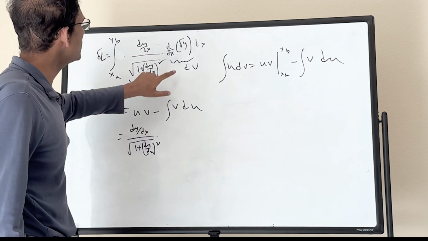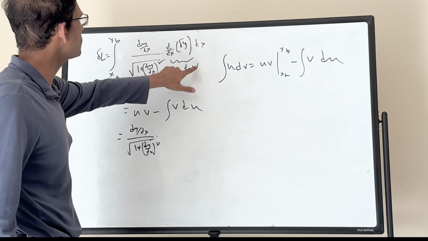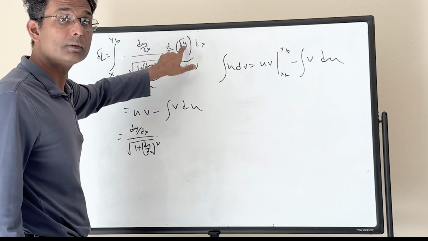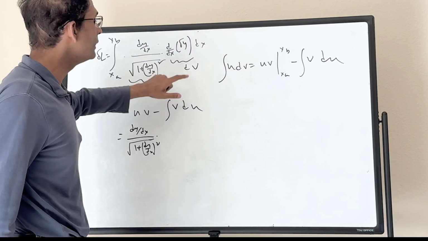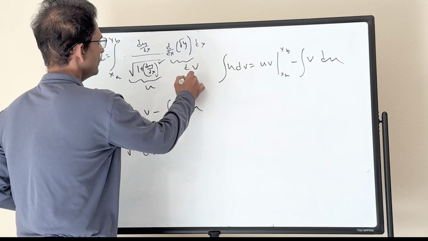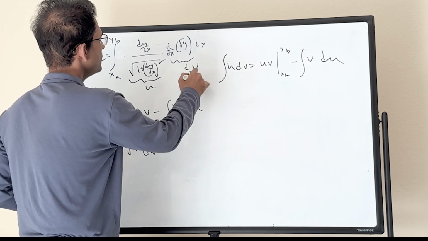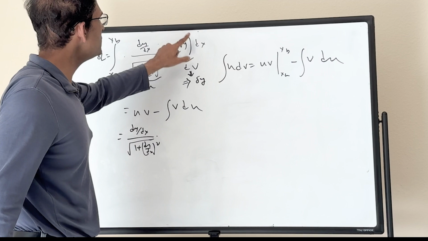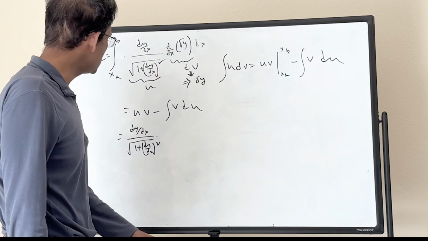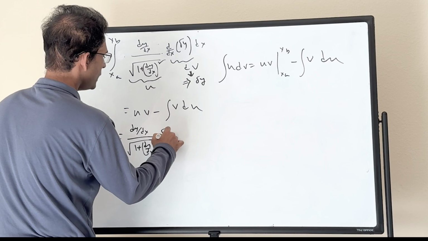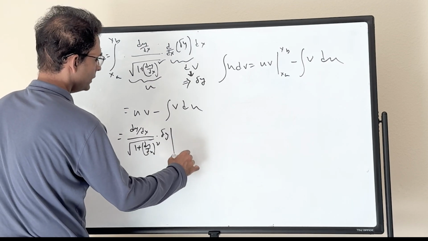And then what is v? dv is this whole thing, d dx of delta y dx. So you get v is equal to delta y. You just integrate this derivative, so you get the main function delta y. So v is just delta y, and I'm going to evaluate this between xa and xb.